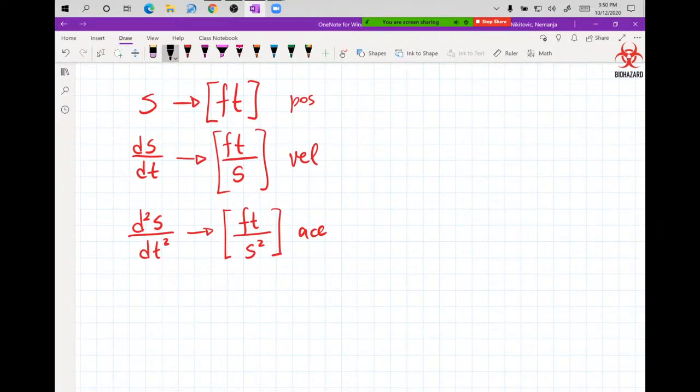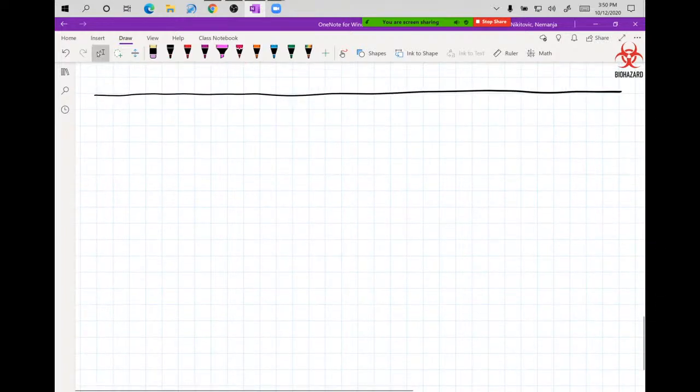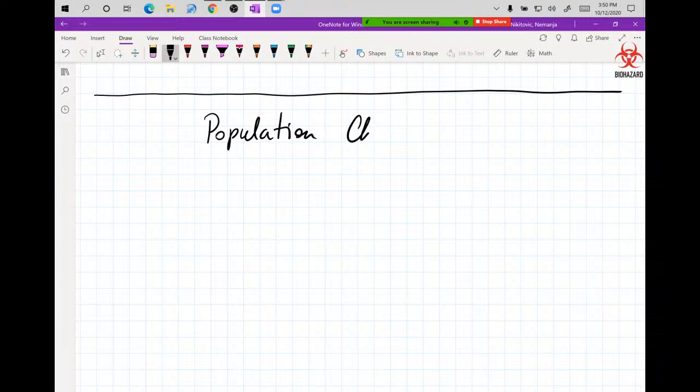Let's talk more about the rate of change. Another aspect of rate of change, we can talk about population. I don't care if you want to talk about humans or rabbits. You want to take a look at the rate at which population grows, the rate at which population diminishes, and so on.